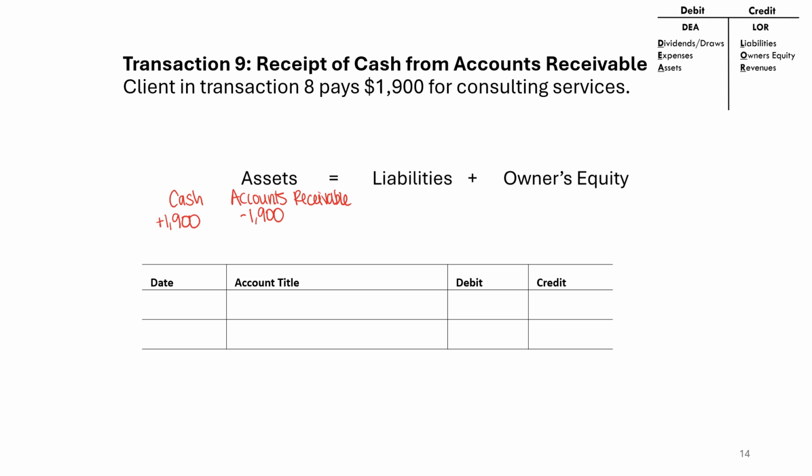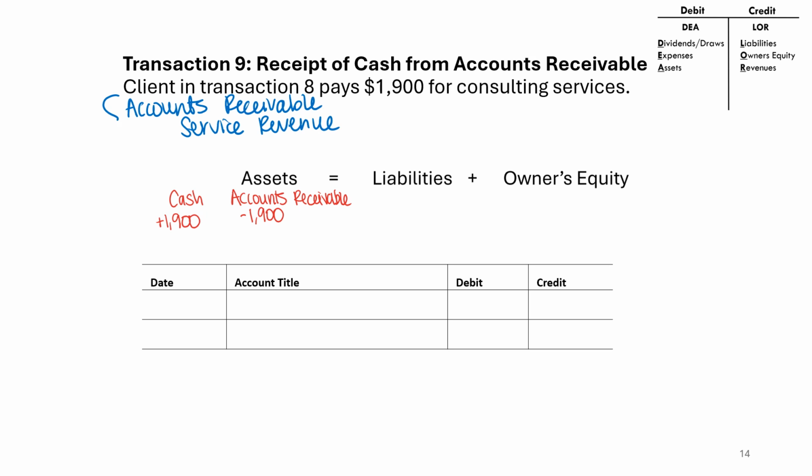Transaction 9, receipt of cash from accounts receivable. So what this means is that an account receivable was previously recorded. Like in the previous examples, we had debited accounts receivable and recorded service revenue.